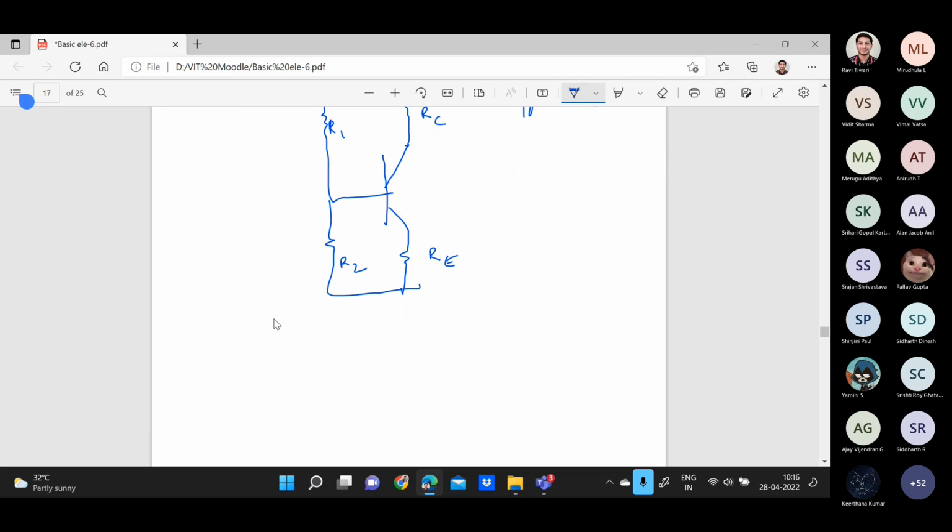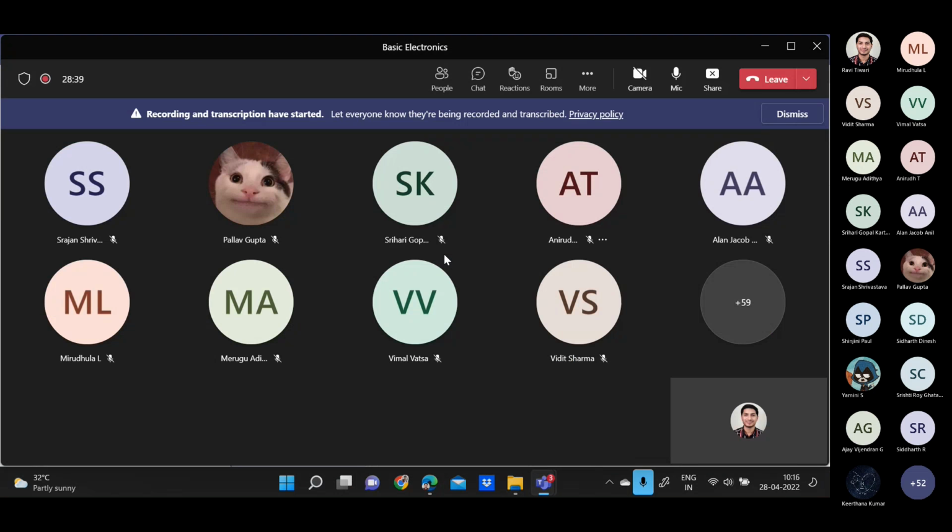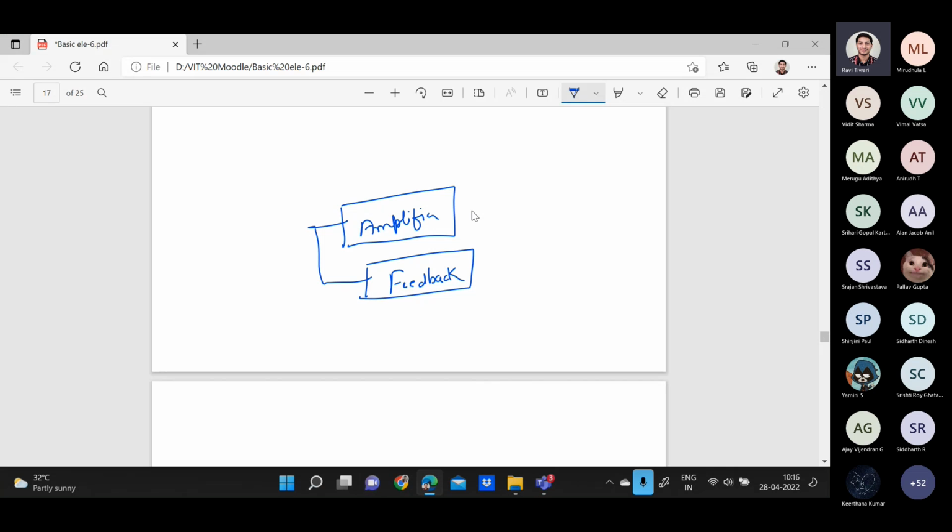This RC circuit is what? One amplifier is there, and we are also having one feedback circuit. This feedback circuit you can design with the help of either RC circuit or with the help of LC circuit.